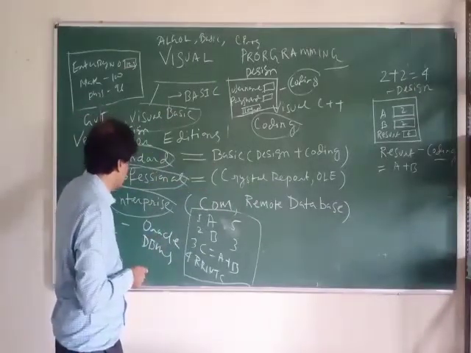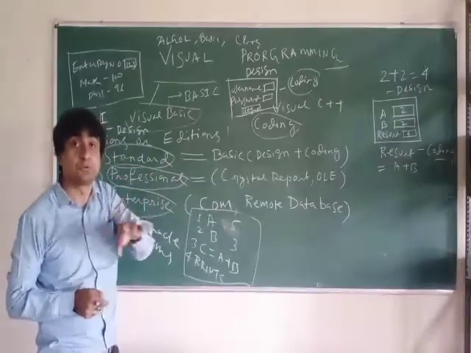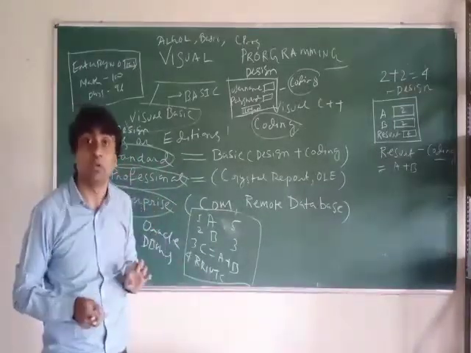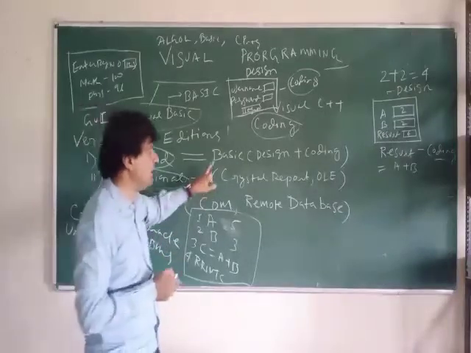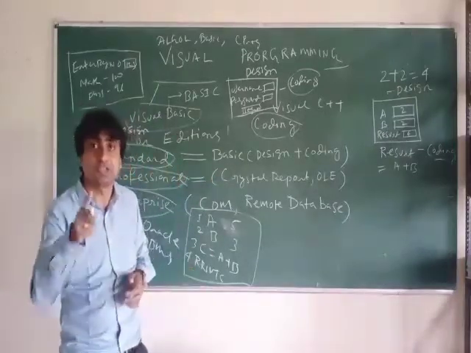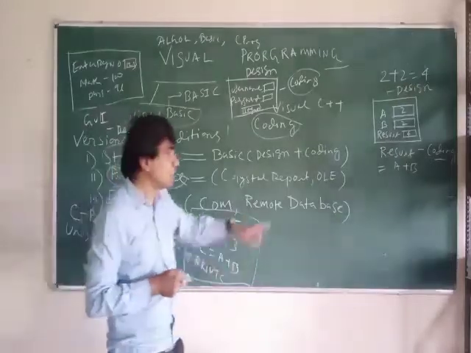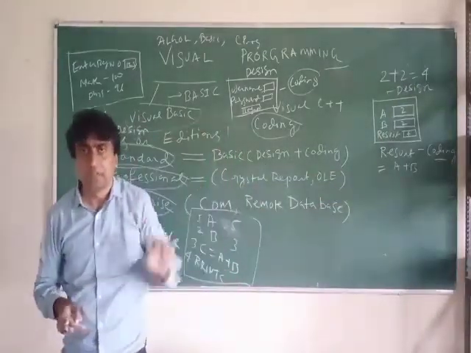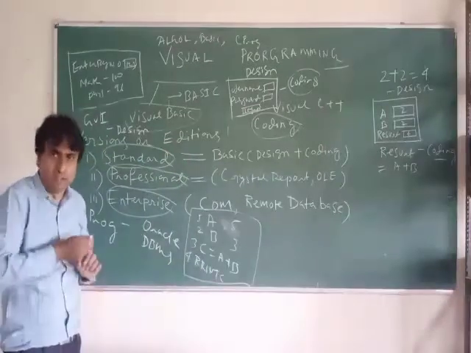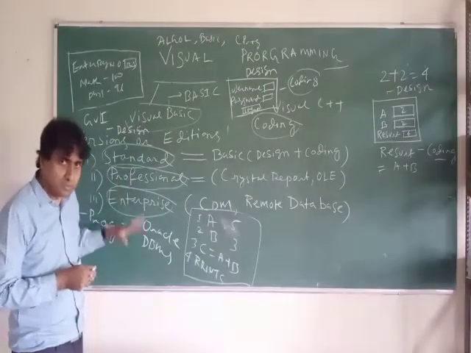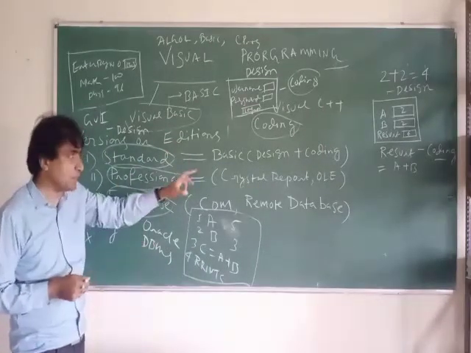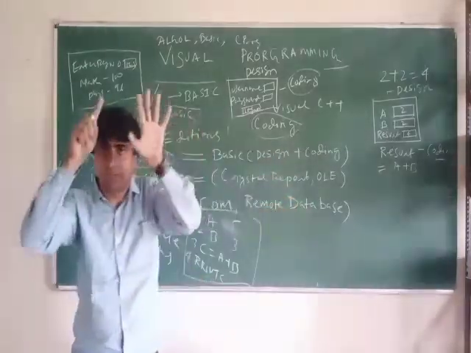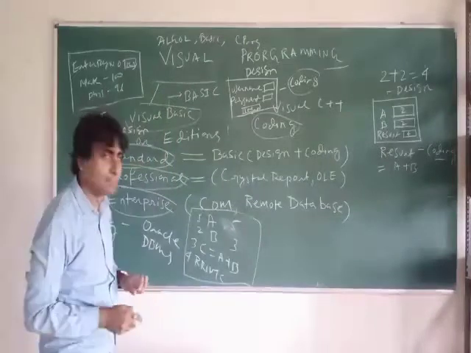So the Standard edition of Visual Basic has some basic or fundamental features, mainly design and coding. That means creating the GUI, graphical user interface, and for that writing code or a program.